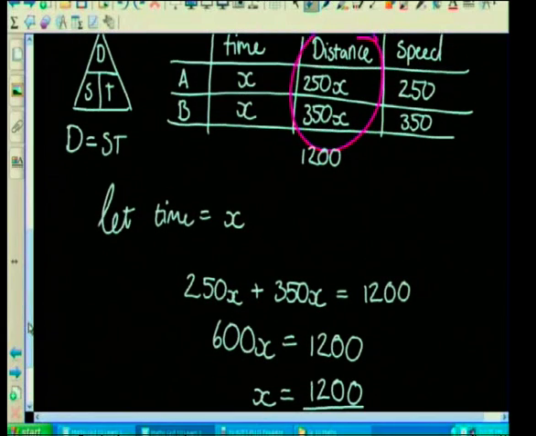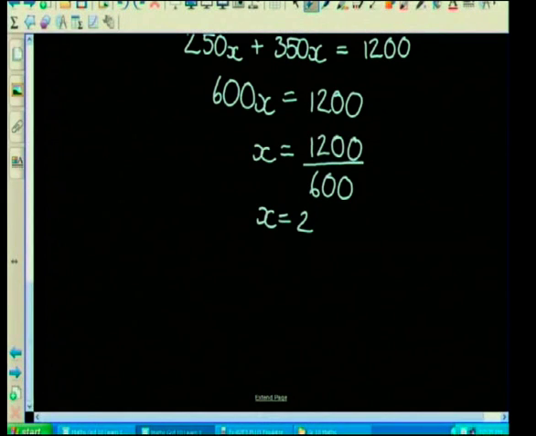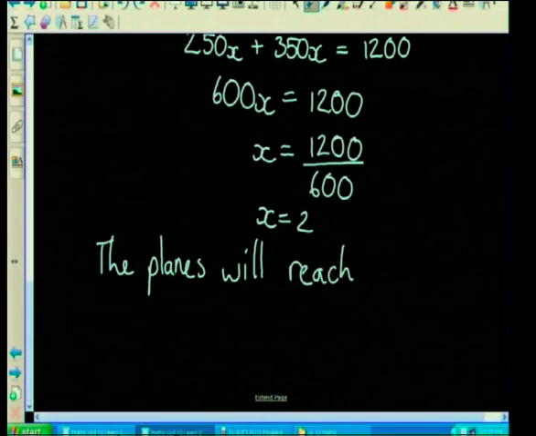What was x meant to be? It was meant to be the time, and all of our time measurements are in hours. That means the planes will reach each other after flying for 2 hours.